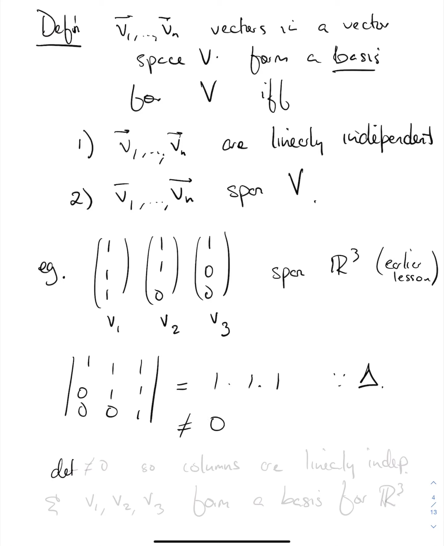And the determinant being not 0 means that the columns are linearly independent. Therefore, v1, v2, and v3 form a basis for R3. They are linearly independent and they span all of R3.